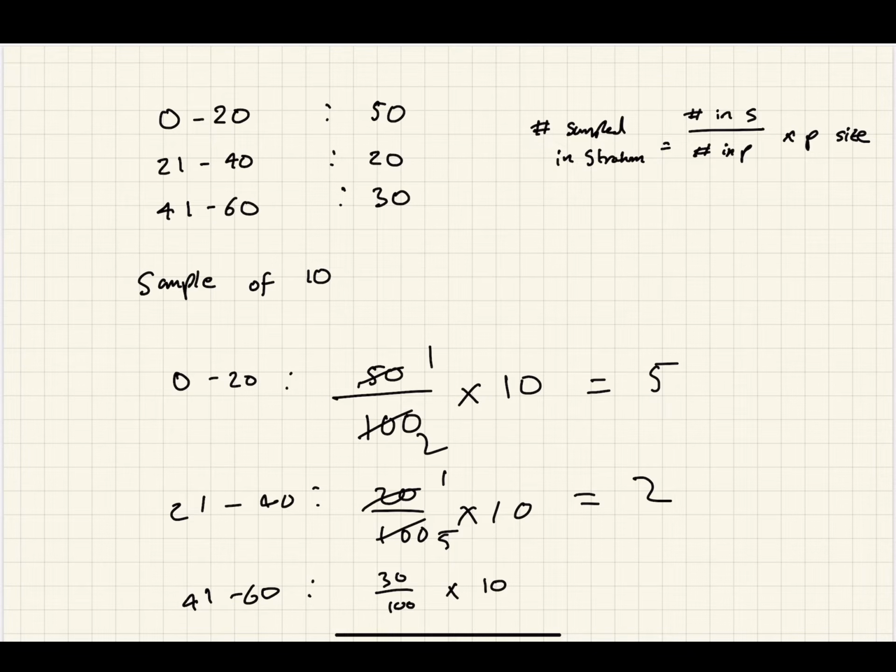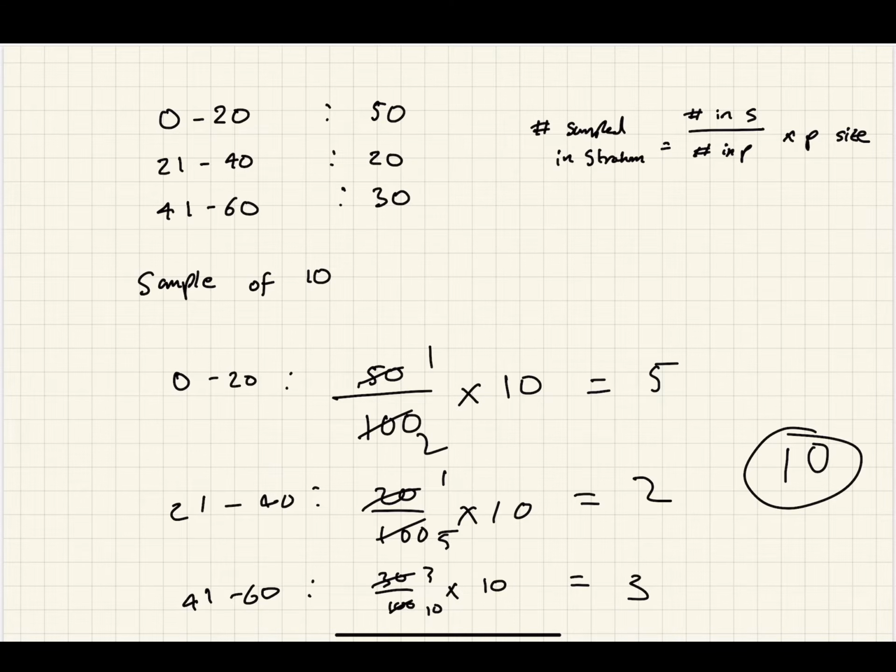Multiply that by 10, and that gives us 3 people. If we add up all these numbers, we have a total sample size of 10. This is also representative of our original population, because we've got 5 people representing the 0 to 20-year-olds, 2 representing the 21 to 40, and 3 for the 41 to 60-year-olds. So it's in the right kind of proportions.